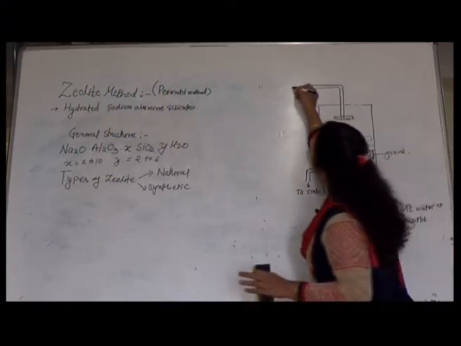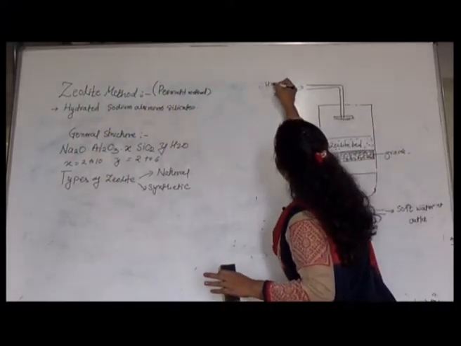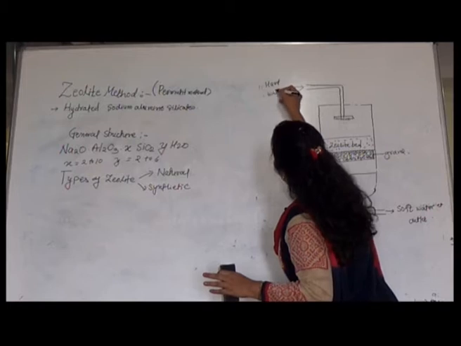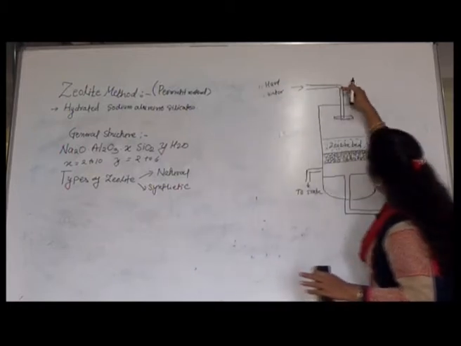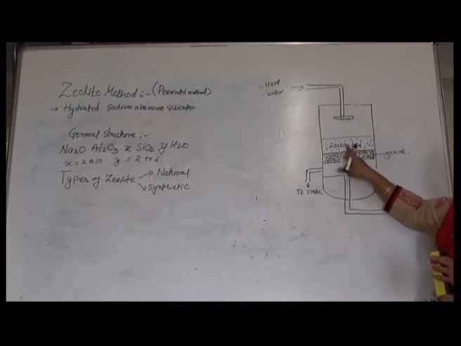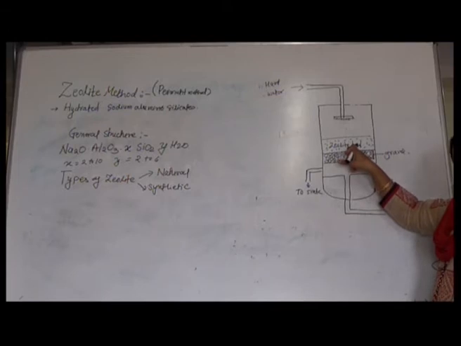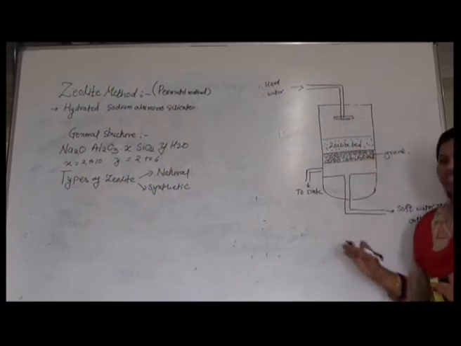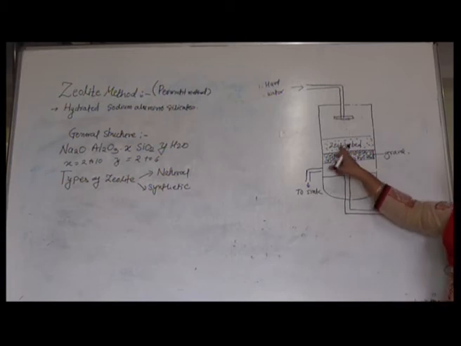When we feed the hard water from this inlet, and this water percolates through the zeolite, the zeolite is capable of exchanging the Na+ ion with Ca2+ ion and Mg2+ ion. The zeolite retains the Ca2+ ion and Mg2+ ion from the hard water. The reactions take place between the zeolite and the hardness causing salt.